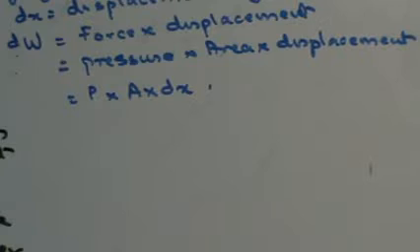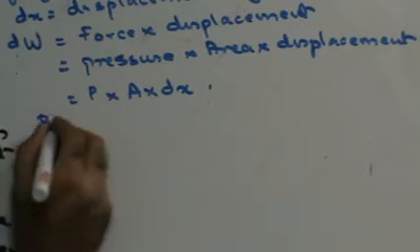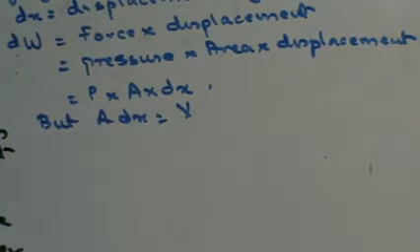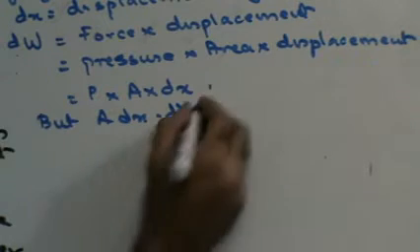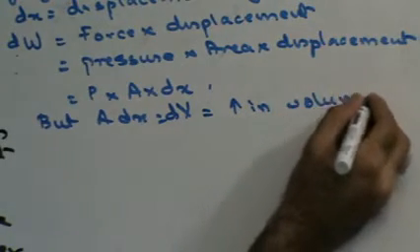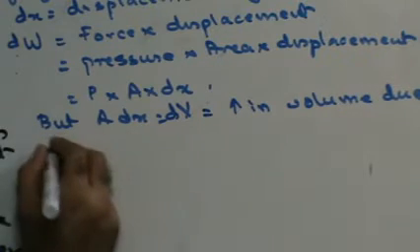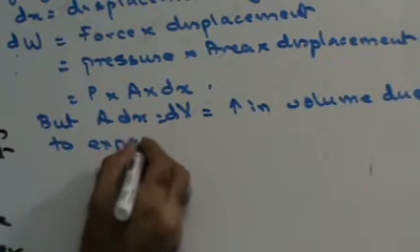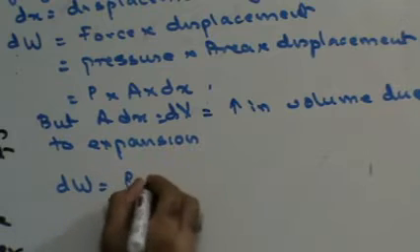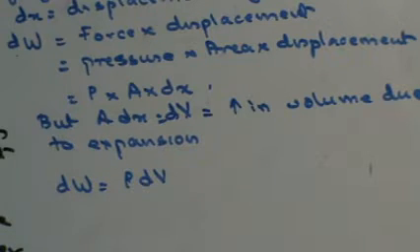But area into displacement, area into length, is nothing but volume, and this is dV, that is the increase in volume due to expansion. Therefore, the work done is P dV, right?